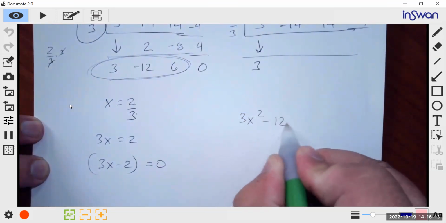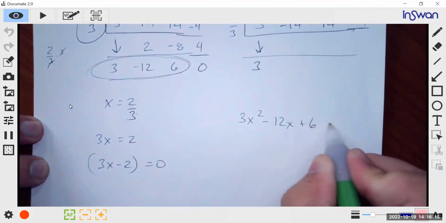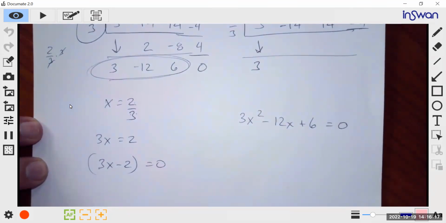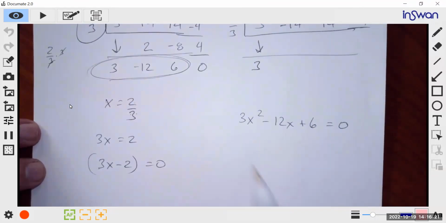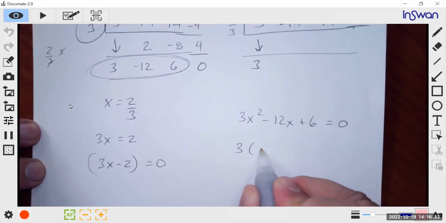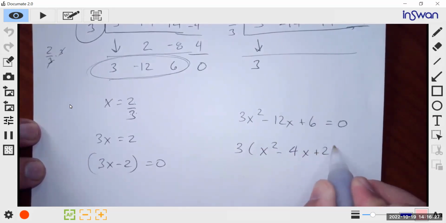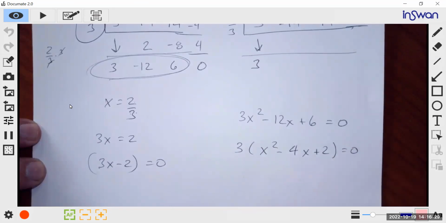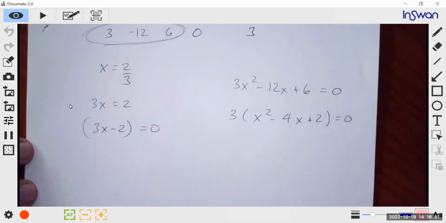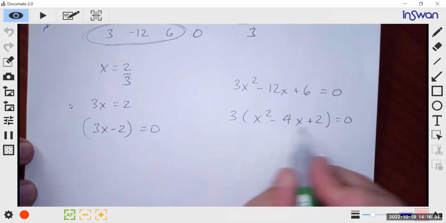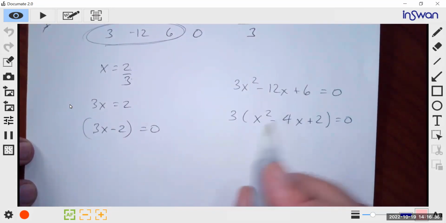3x squared minus 12x plus 6. They all have a 3 in common. We can't factor it. So guess what?